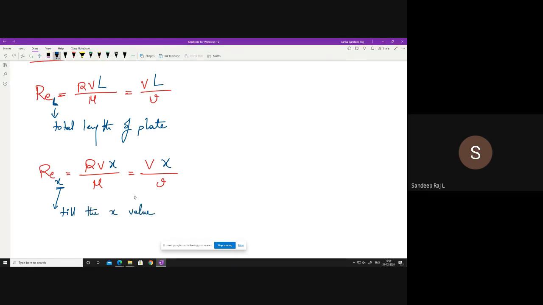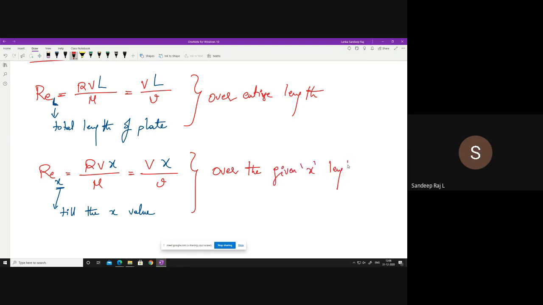That is, you are calculating the Reynolds number over the entire length in the first case, and in the second case over the given x length. This length need not be the complete length. It can be something less than the actual length.